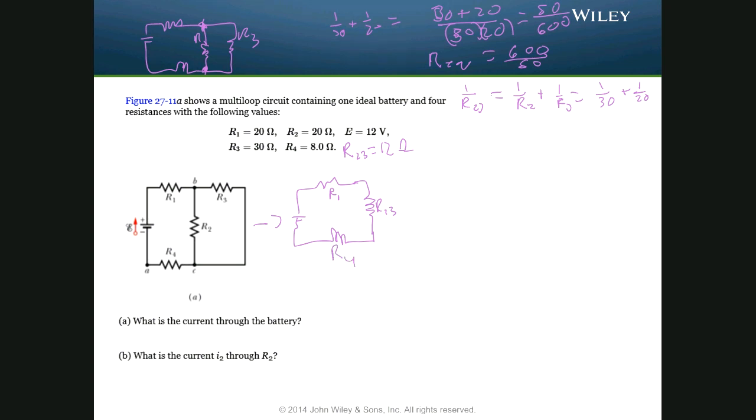Okay, so now we can make an equivalent circuit because these will all be in series now, right? So that one's easy.